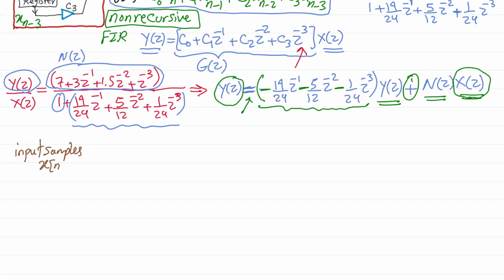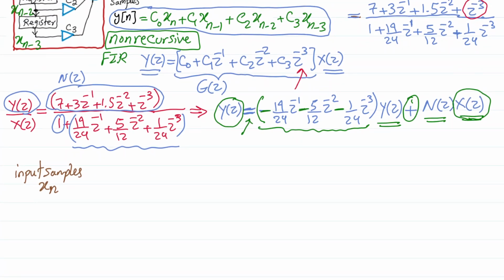X of n. Xn. So that's input samples at index n, or moment, sample moment n. They enter a chip that is supposed to realize N of z, which is the third order polynomial in numerator.